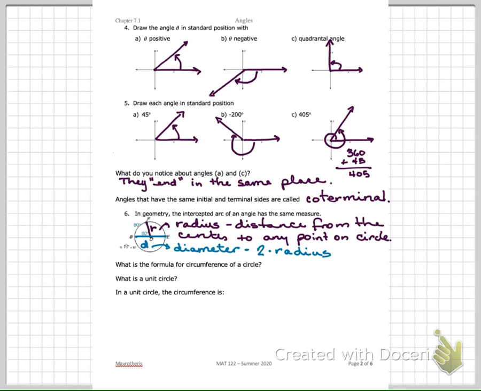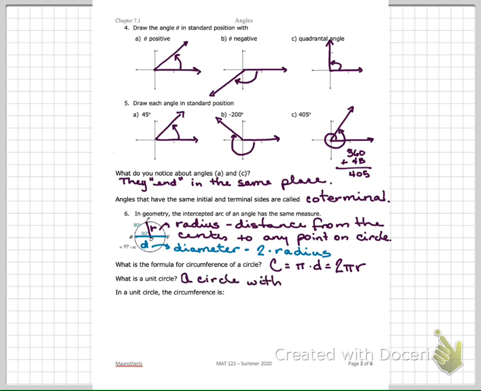Okay. A couple of things we need moving forward. The formula for the circumference of a circle equals pi times the diameter, or 2 times pi times r, which makes sense when our diameter is 2 times r. A unit circle is a circle where the radius is 1.